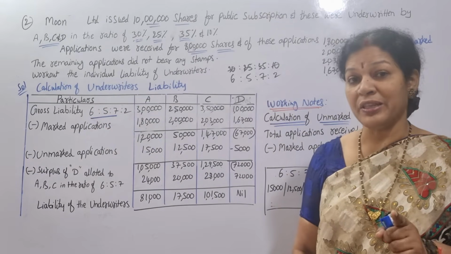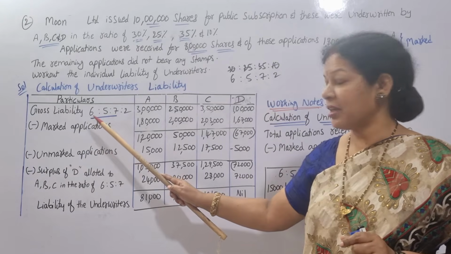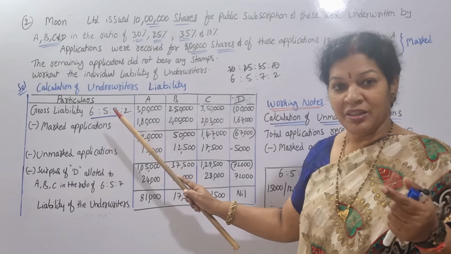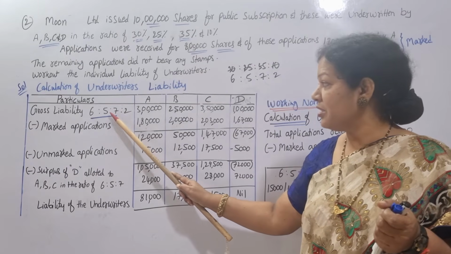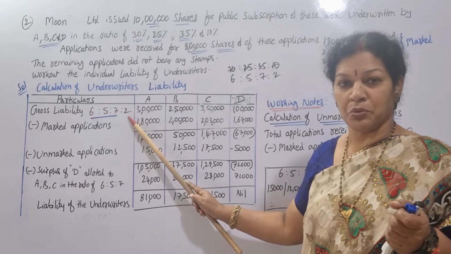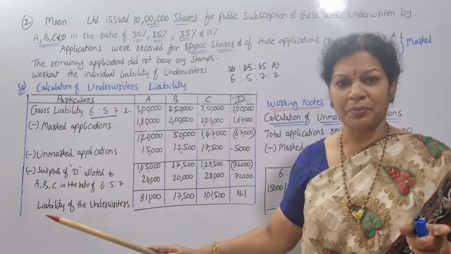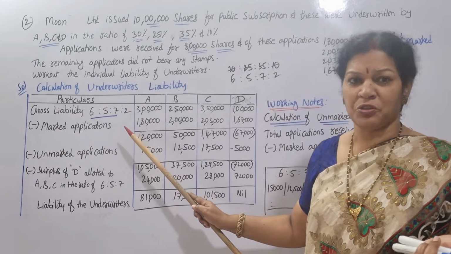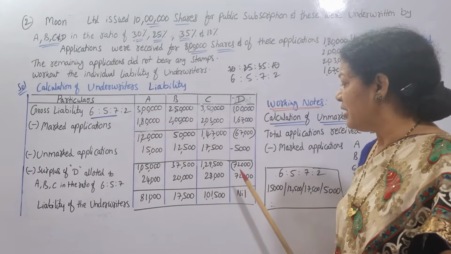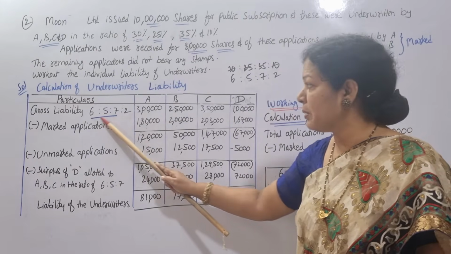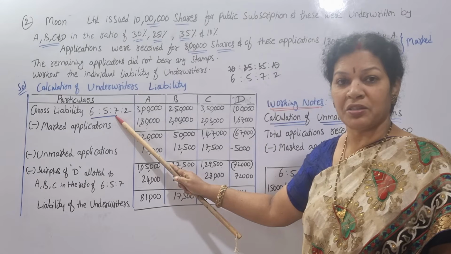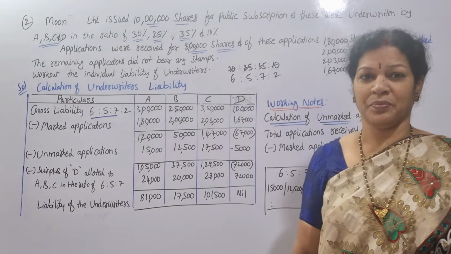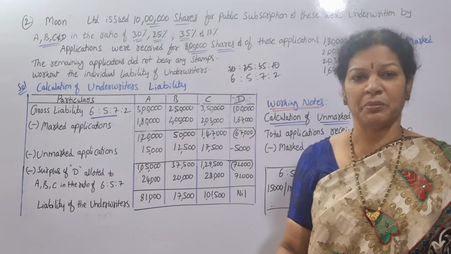If surplus of A is there, it will be distributed to the rest of the underwriters in the ratio of 5:7:2. The ratio is the same. Here, for D's, the rest of the underwriters A, B, C get it in the ratio 6:5:7. Are you getting? Only this point you have to remember.